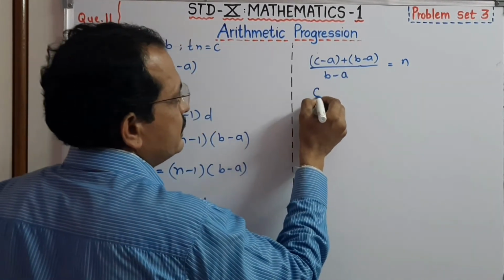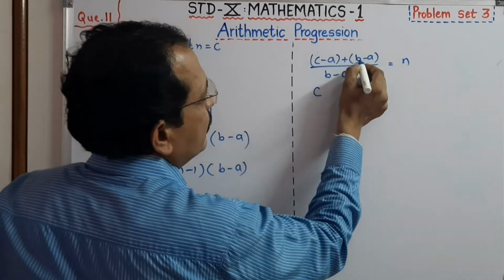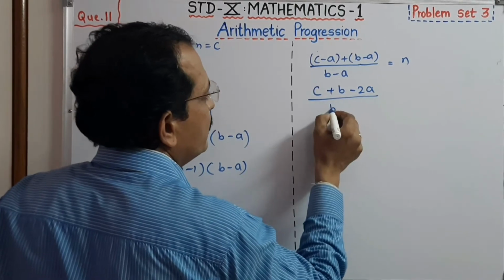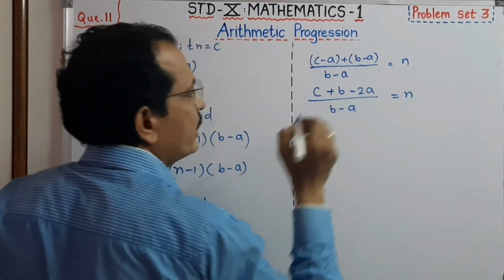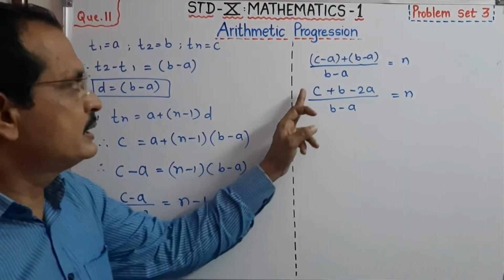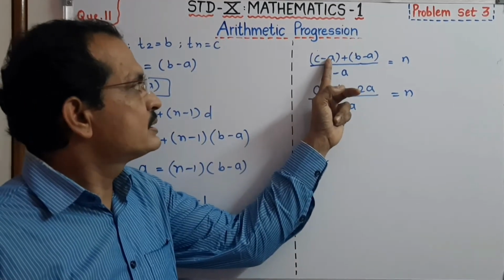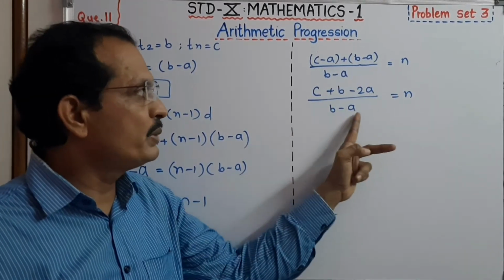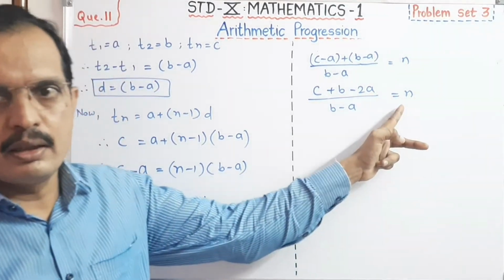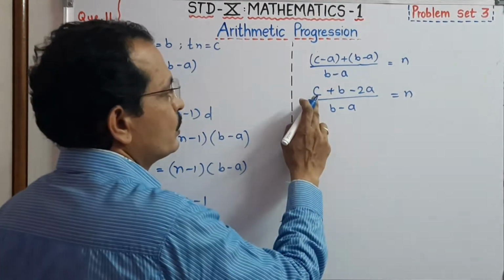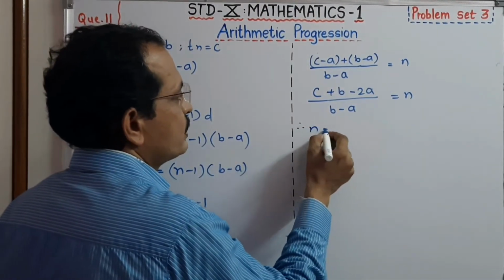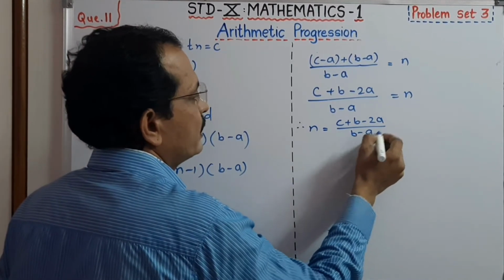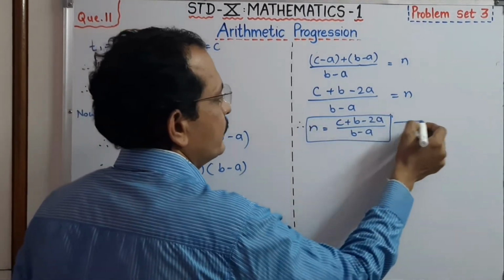Therefore C plus B minus 2A upon B minus A is equal to n. Got it? This C, then this minus, this plus B minus A, this minus A, it is minus 2A upon B minus A is equal to n. Therefore we got here n is equal to C plus B minus 2A upon B minus A. This is n.